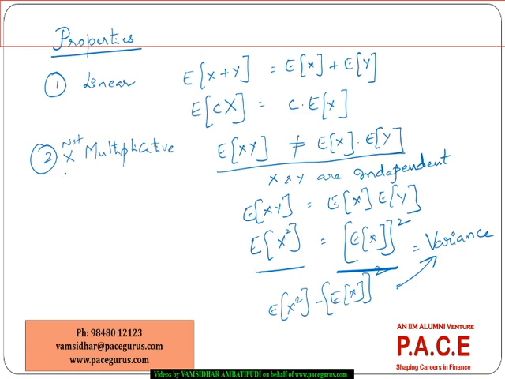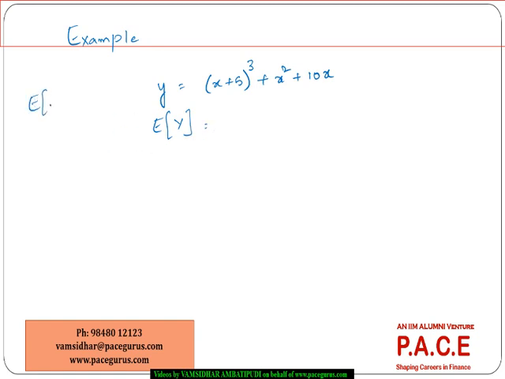Now let's look at a simple example to understand the expected value concept. Let's say y is (x plus 5) cube plus x squared plus 10x, and I need to find the expected value of y. Some information is given.